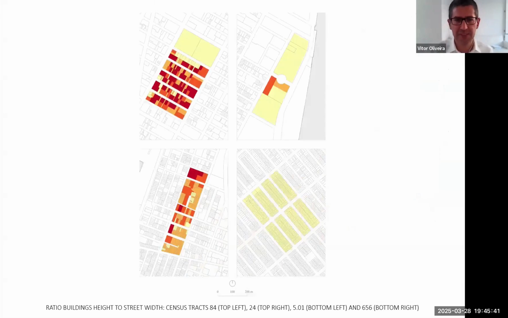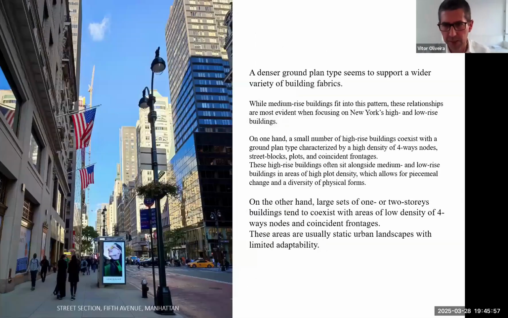And so we developed this kind of analysis that tried to understand the variation between the ratio of building height to street width. This is just some examples from Manhattan and Brooklyn.